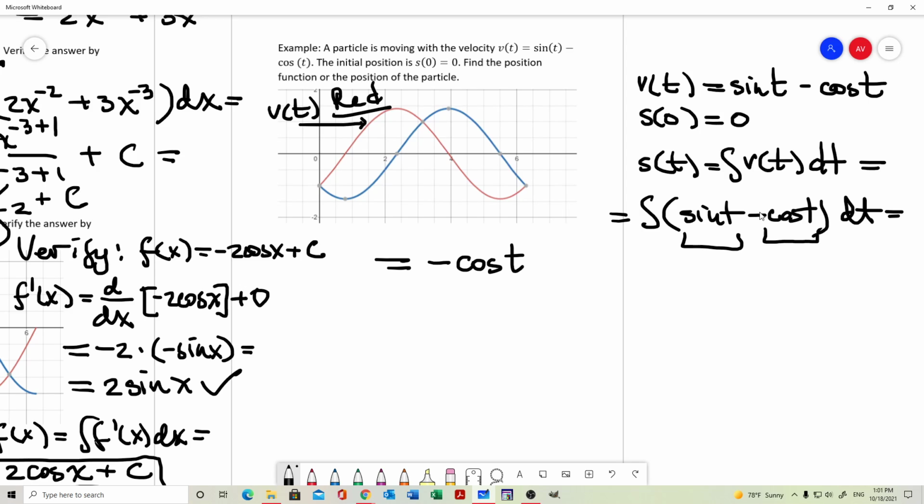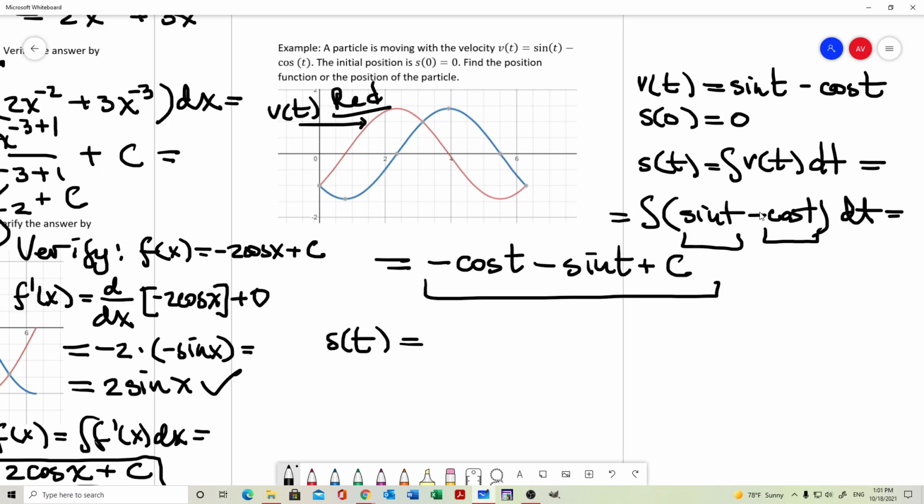Antiderivative of cosine t will be sine t plus some constant C. And that will be the position function. S of t equals, I will rewrite one more time, minus cosine t minus sine t plus some constant.